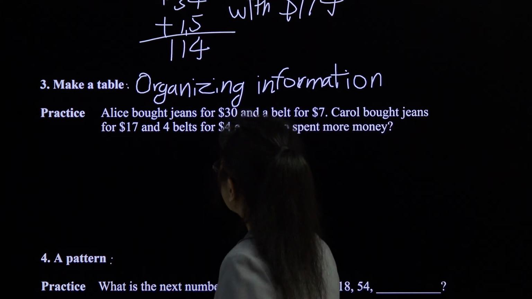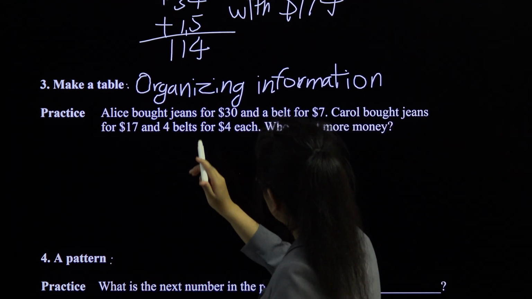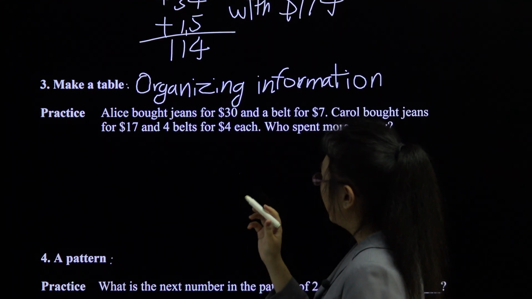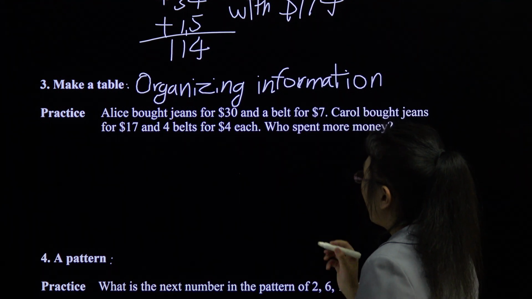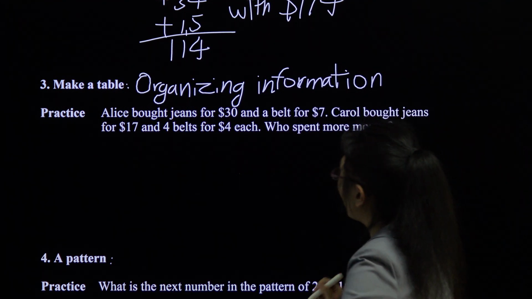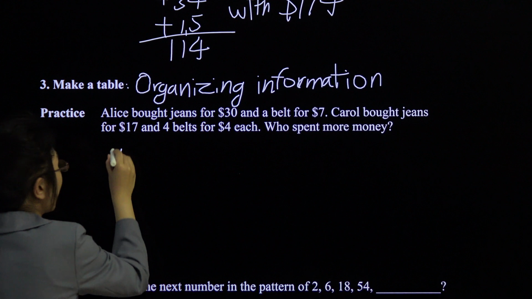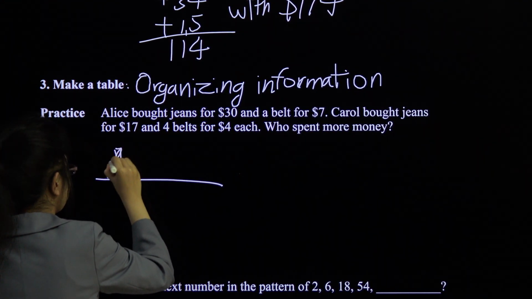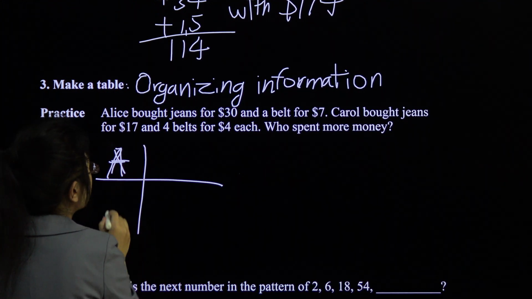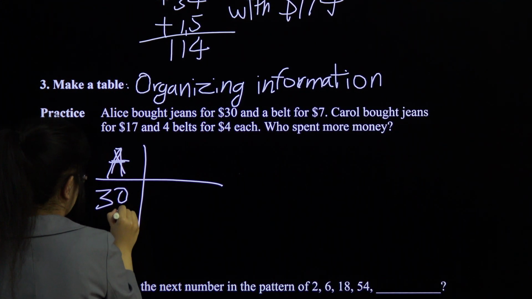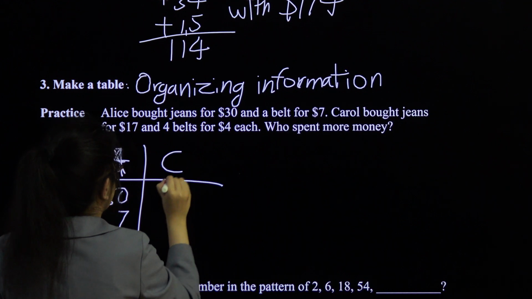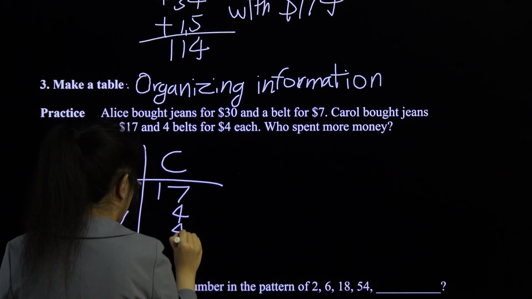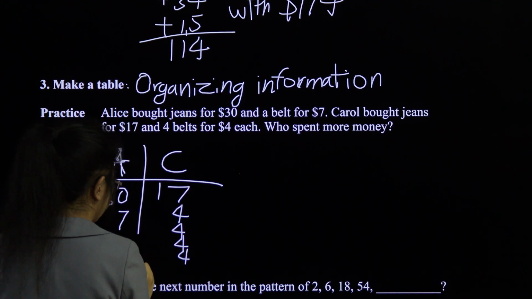Alice bought jeans for $30 and a belt for $7. Carol bought jeans for $17 and 4 belts for $4 each. Who spent more money? So Alice, A, has 30 and 7. Carol has 17, 4, 4, 4, 4.